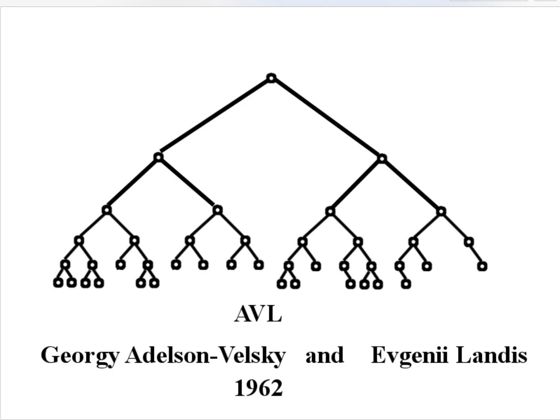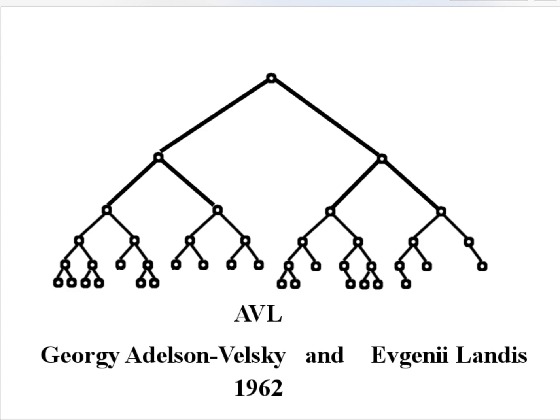In 1962, these two mathematicians were the first to discover that it is possible to create a balanced tree and to keep the tree balanced. Whenever a new element is added, their brilliant algorithm takes at most O of log n steps to rebalance the tree, and the tree always stays balanced.